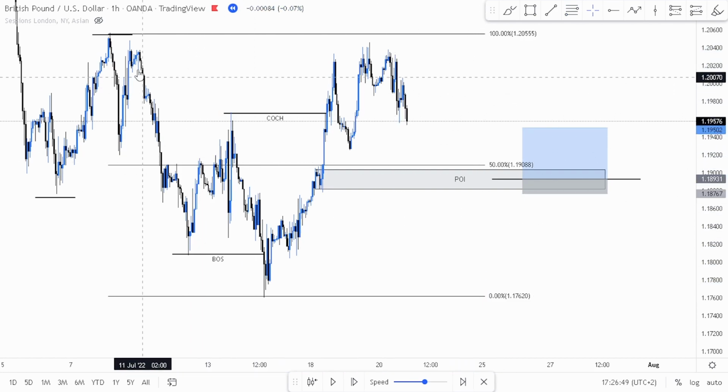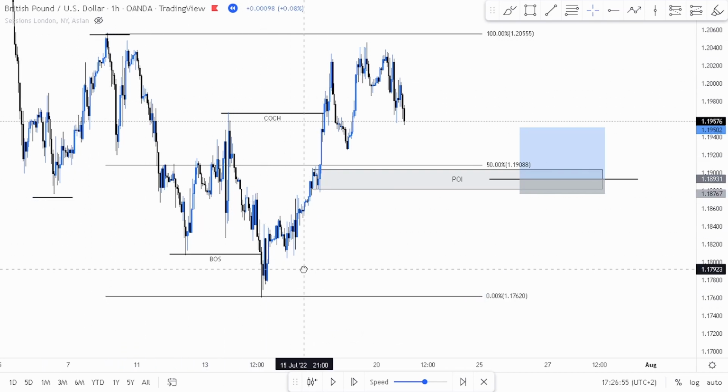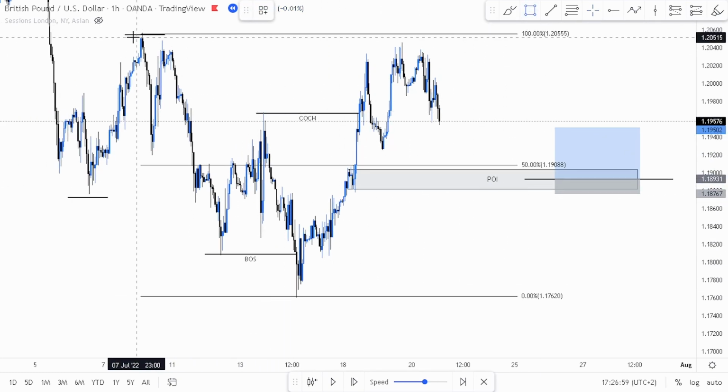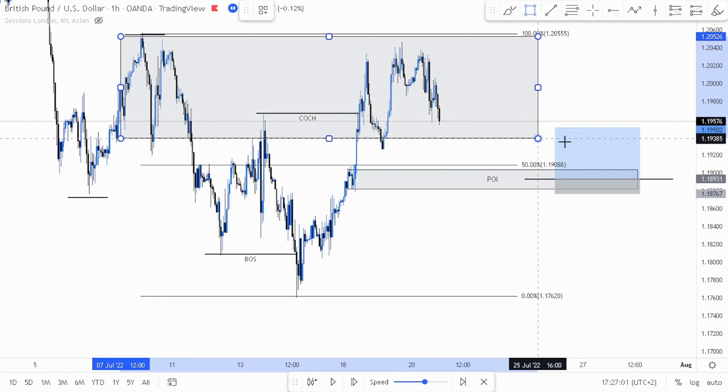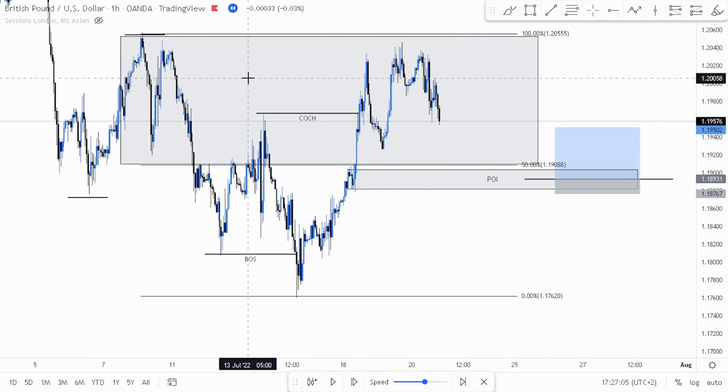So guys, when price is bearish, we are looking to break these lows right over here. So now as a trader, you want to get involved in the top half of the 50% of our Fibonacci. So basically you want to get involved in these areas.